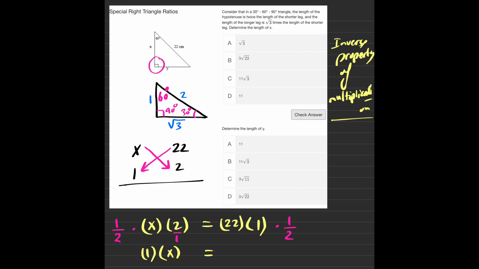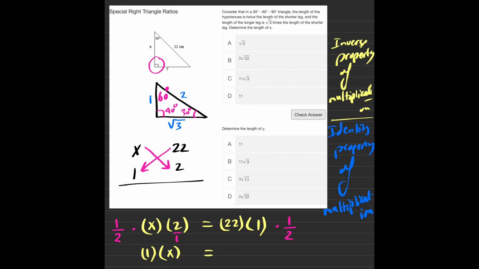Another property in math is the identity property of multiplication. In this case, if you have a number and multiply it by 1, the answer is the same number.